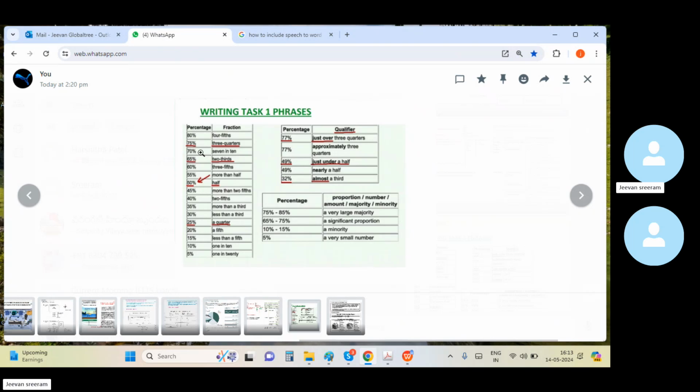80%. 4/5. Of course, you may use 4/5, but it looks odd. So, a very large majority. 70%, a very large majority. Can we use this? A very large majority of the visitors.